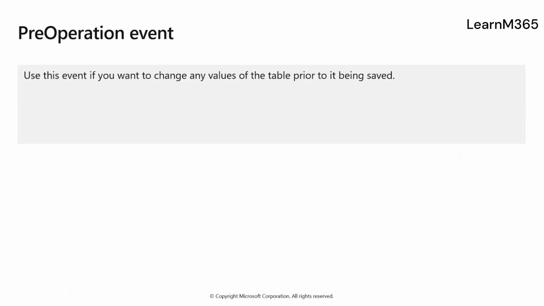Let me help you with pre-operation. We can use this event if you want to change any values of the table prior to it being saved. We are going to see a demonstration, so let me help you with the case study which we are going to implement.